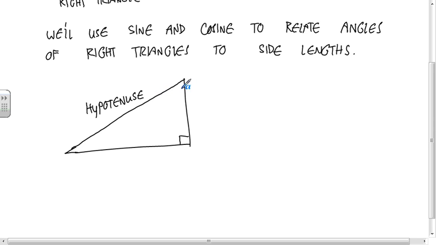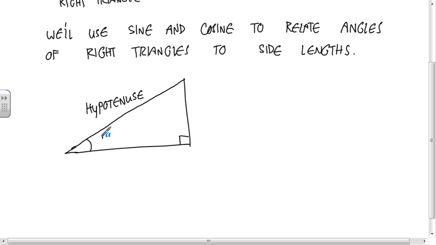And no matter which of the other two angles you're talking about, the hypotenuse is always the same. It's the one that's opposite the right angle. But in order to name the other two sides, we have to choose one of these other two angles to look at. So let's say, for example, that we're looking at this angle.